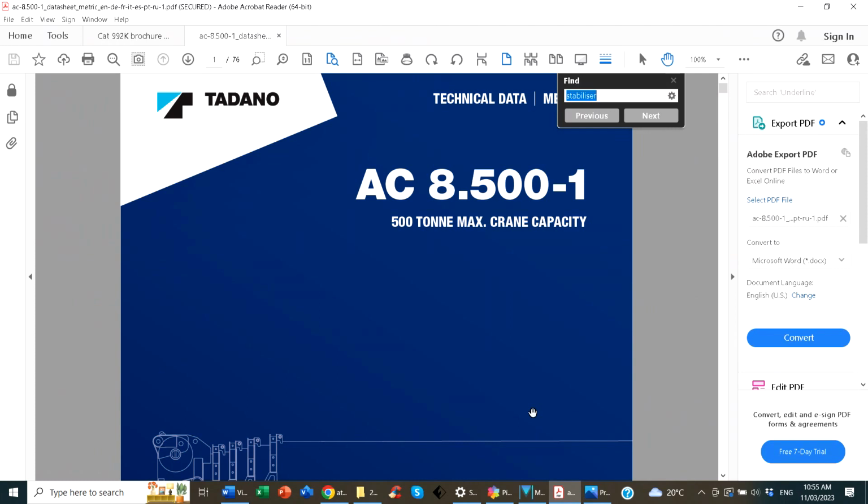Cranes generally have pretty good indications of their capabilities. Their specifications are usually well set out, but again, they are in defined applications. Let's look at a quick example. Okay, here's what used to be a DMAG crane, now Tadano, and it's a big fella.